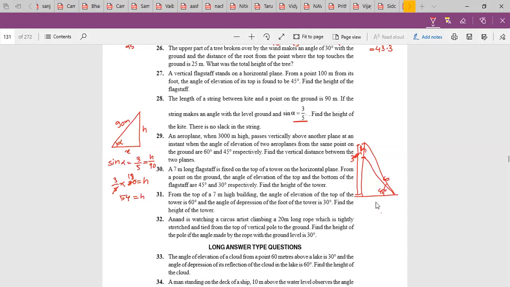Then I got x as 1732 meters, dividing 3000 by root 3. So that means you got this distance only, no? Then 1732 is this distance. They have asked this distance. Ma'am, I got 1268. Okay, yes, correct.